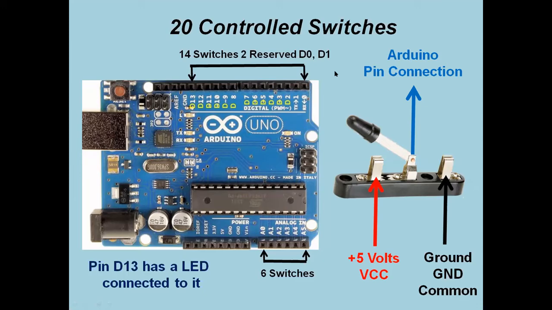And as far as you're concerned, it literally looks like the old knife switch you might have had as a boy or a girl, that you throw one way and it connects to 5 volts. You throw it the other way and it connects to ground or common. And that's what each of these pins over here are, these little sockets. Here's another set of 6 sockets down here.